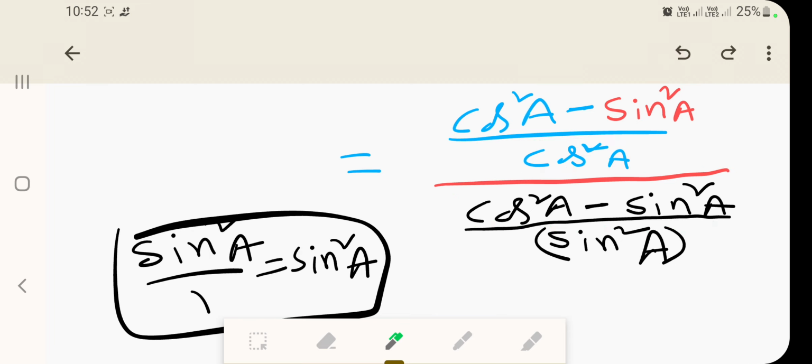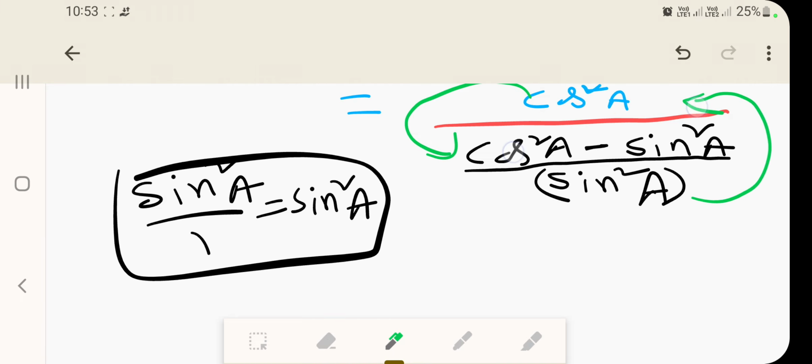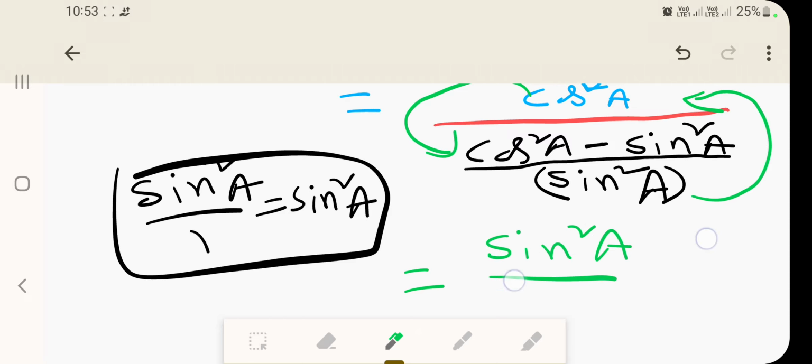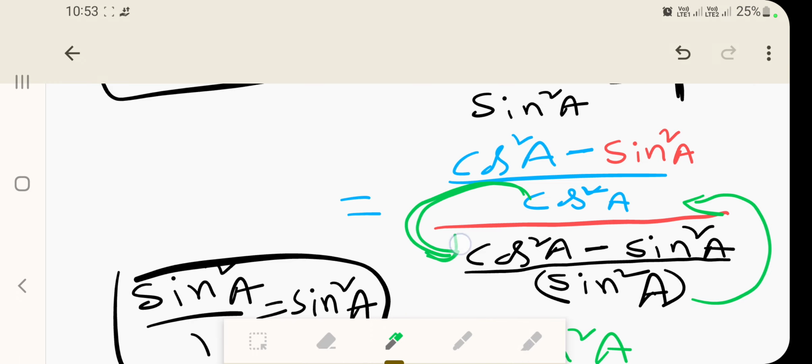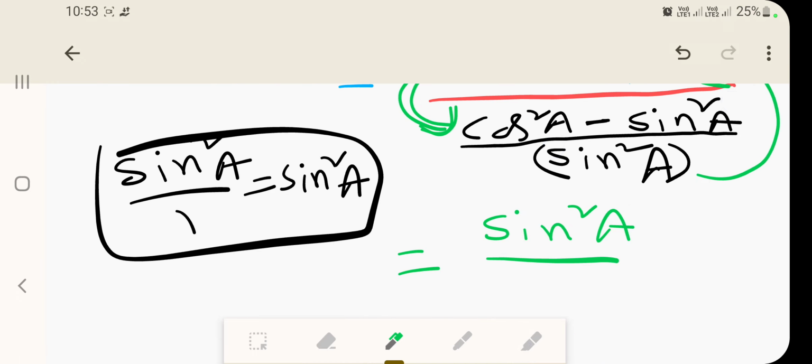This sin square A we take in the numerator, and this cos square A comes only in the denominator. In this position, this sin square A goes above the red line, and this cos square A comes below the red line.